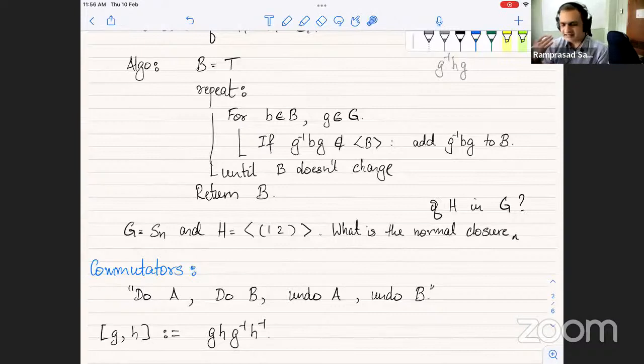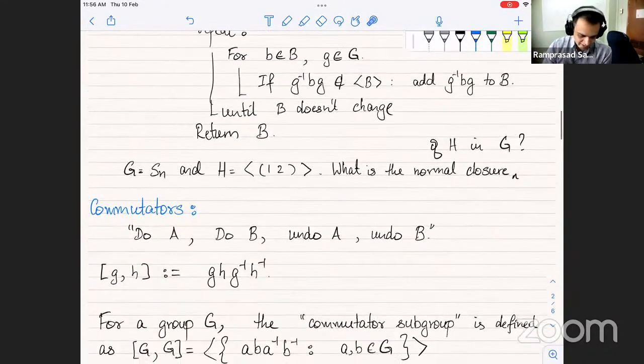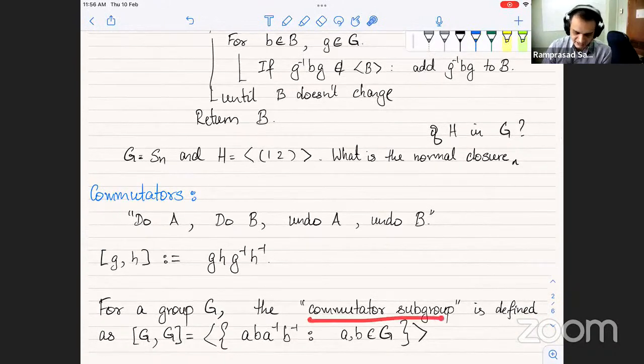This is also an extremely important thing to study: there is something called a commutator subgroup, where you collect all possible commutators and look at the group generated by them. That's what the commutator subgroup is defined as.